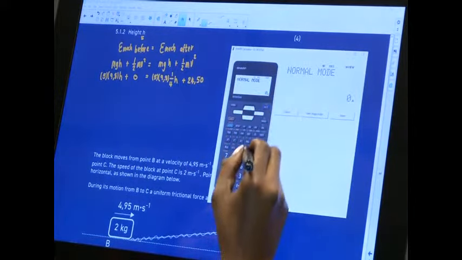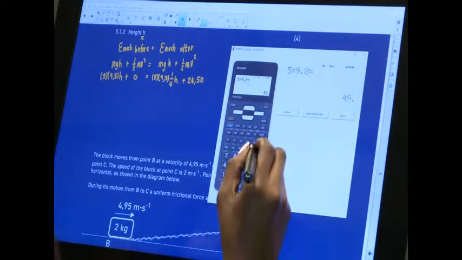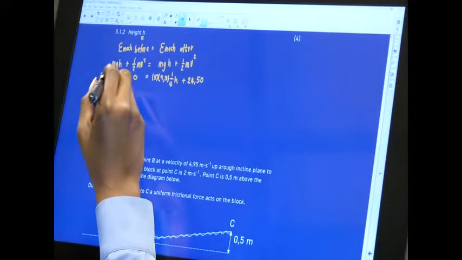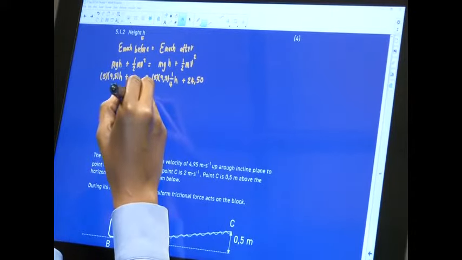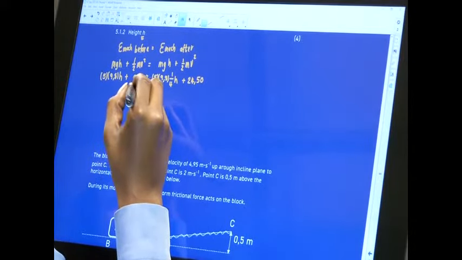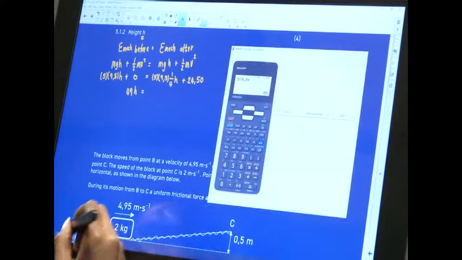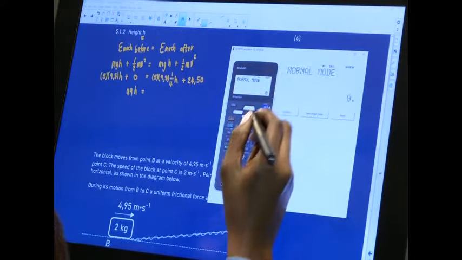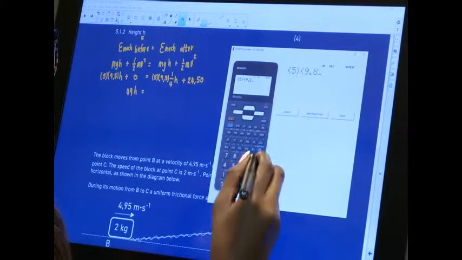So let's do it step by step. If I say 5 multiplied by 9.8, then I get 49. Remember, it's 5 times 9.8 times h, which is therefore 49,9h. I'm going to work this one out. So I'm going to also put it in exactly as it is. I've got 5. I must multiply that with 9.8.